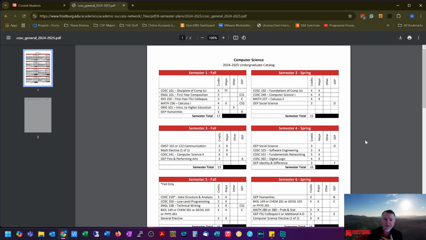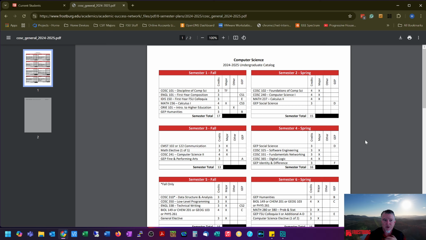Again, this is making a lot of assumptions. Maybe you don't come in ready to go into Calculus 1, and that's fine, but this gives you a very good basic overview of what classes you should generally take each semester.